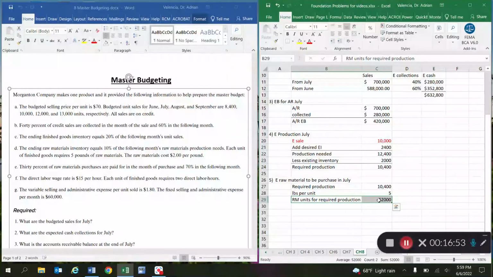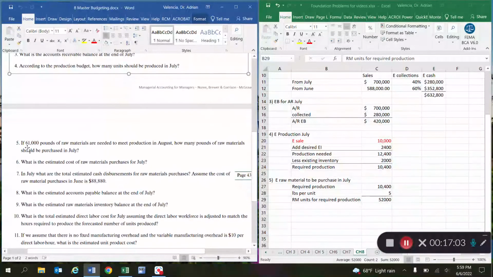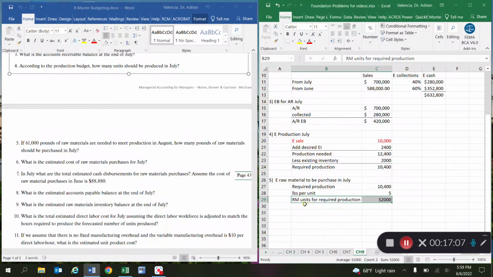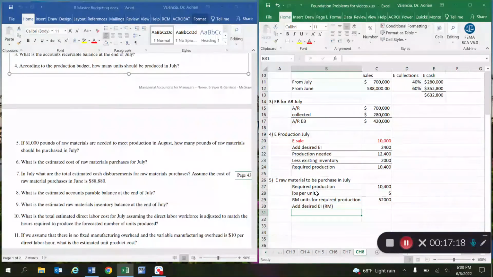But keep in mind that I'm going to buy more material because, like I said a few minutes earlier, we want to have 10% of what is needed for the following month. So they were nice enough to tell us that they need 61,000 next month. So we're going to add the desired ending inventory of raw materials. So don't confuse these two here.